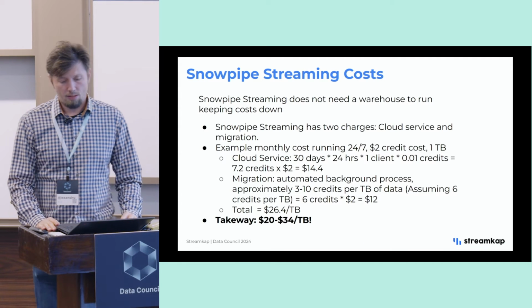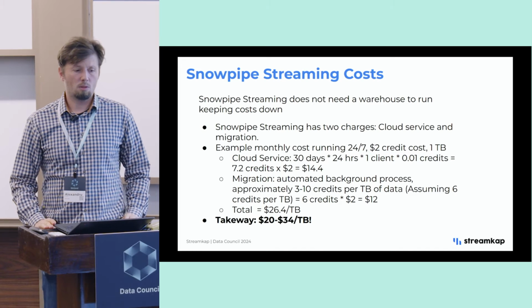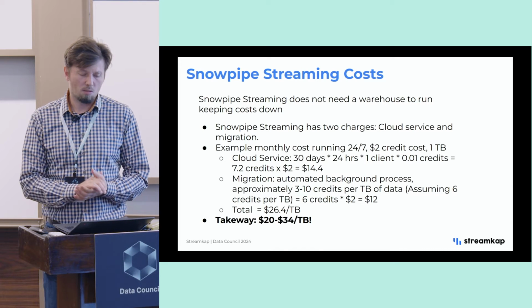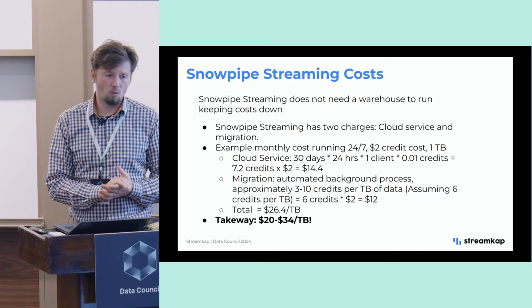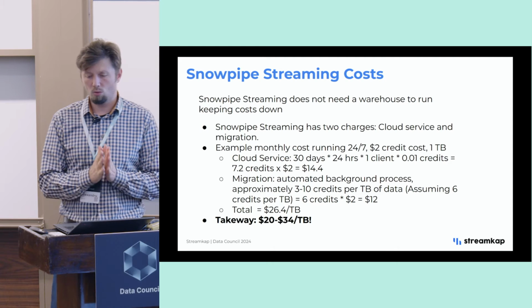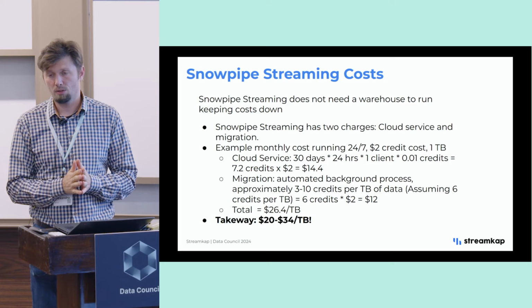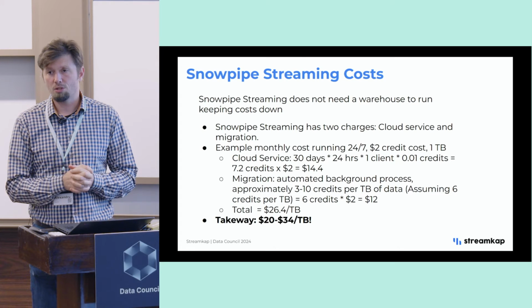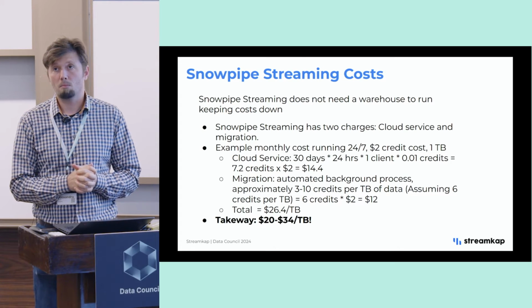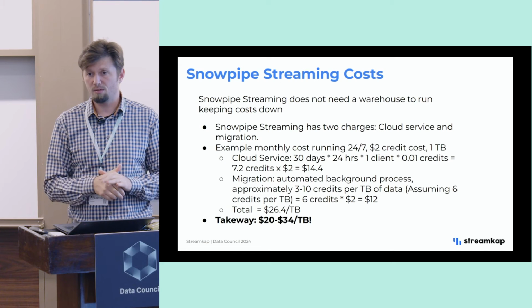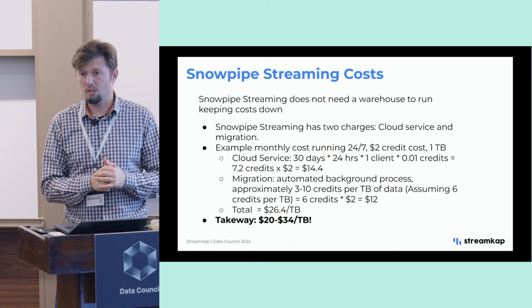So, like I said, we are sharing with you some costs from a customer success story. There are two costs here: the Snowpipe streaming costs and the dynamic table costs. The Snowpipe streaming costs, like I mentioned, are very good compared to all the other alternatives across the industry, I would say, right?